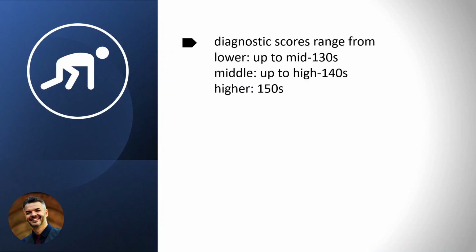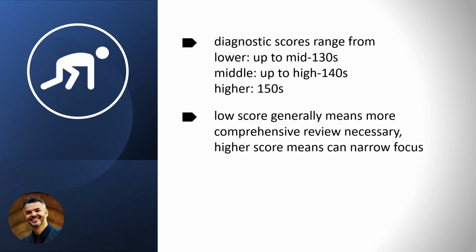Your initial diagnostic score is generally going to fall into one of three categories: low, which is up to the mid 130s; mid, from there to the high 140s; or high, which is anywhere in the 150s and above. A lower score generally means you will need a more comprehensive review of the materials.